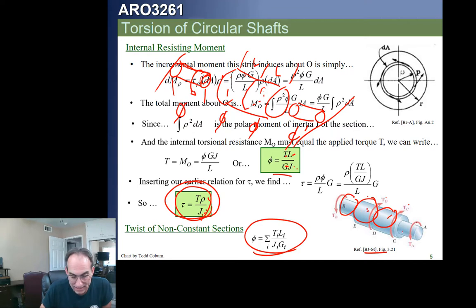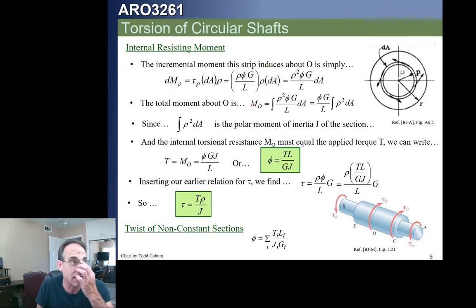And this last one has a different torque, different radius, different J. Calculate that, and each of those will have their own stress. The max will be whichever one is maximum. Does that make sense? So those are the nuts and bolts pieces of information for torsion of circular shafts.